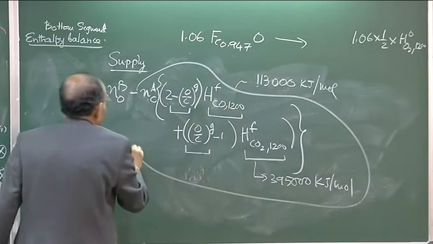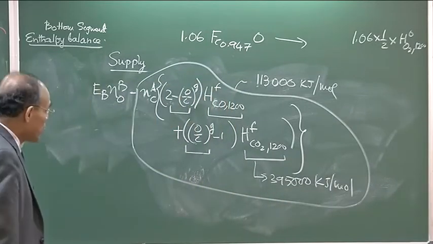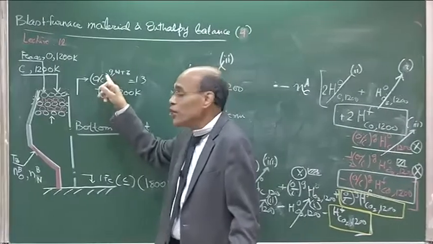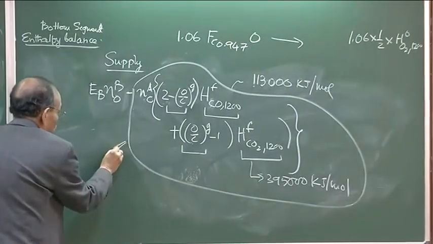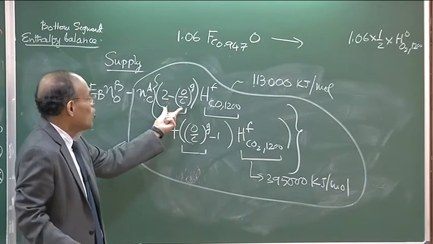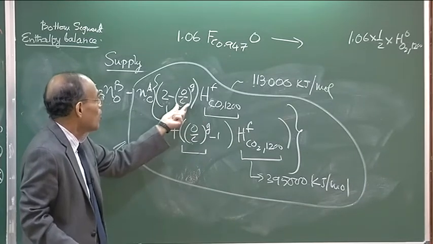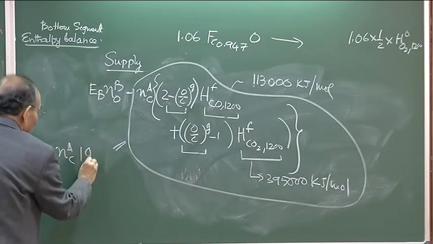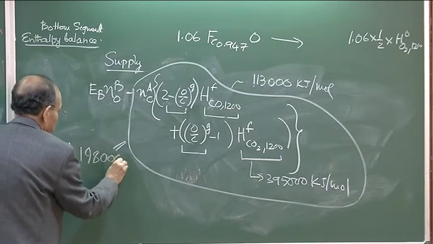And if you do this substitution, then we get the entire term with the appropriate heat of formation values substituted and the O by C of the oosterite gas reduction zone put into the value, we are going to get this term boiling down to simply NaC will remain here, and we will get all numerical values here. 2 is a numerical value, O by C will be a numerical value, this is a numerical value, and that numerical value will come out to be 198,000.